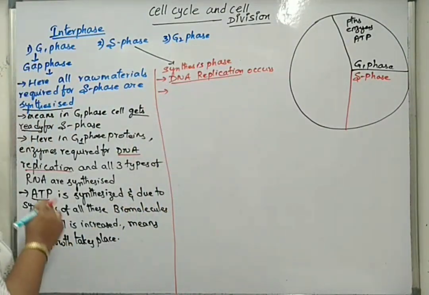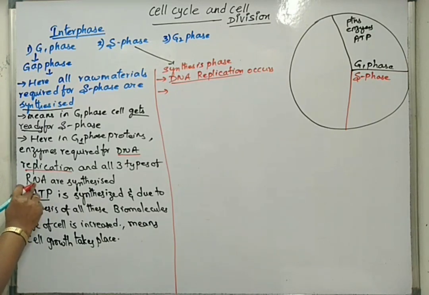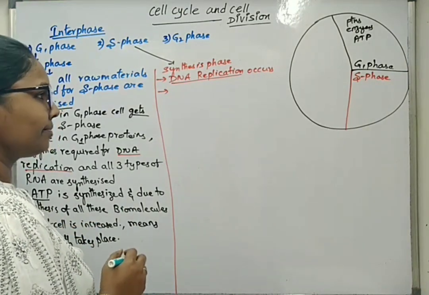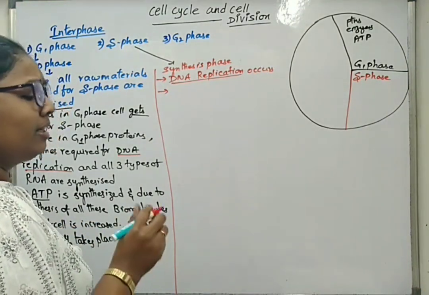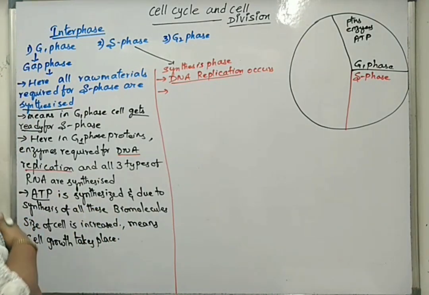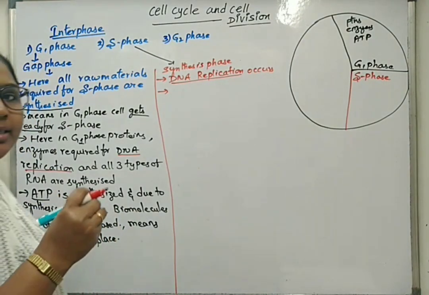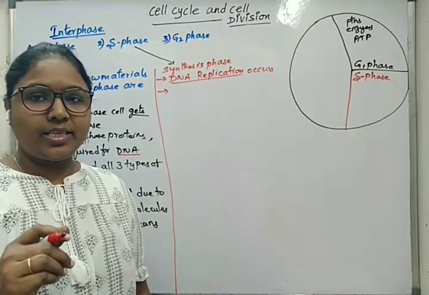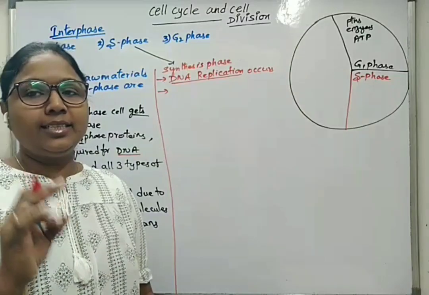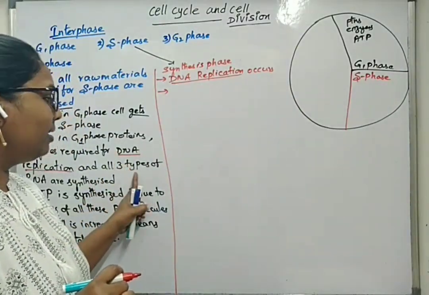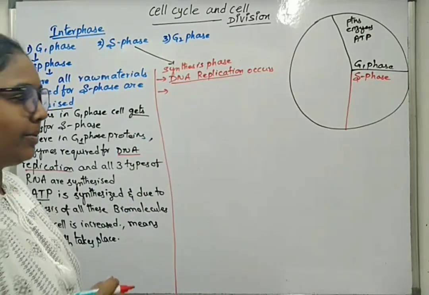And also we said here all three types of RNA are synthesized in G1 phase. Why are RNAs required? RNAs are required because here some special proteins called histone proteins are synthesized. For that protein synthesis, the step included is translation. For that translation, mRNA, rRNA, tRNA are required. So all these three are synthesized here and the next protein synthesis happens here.